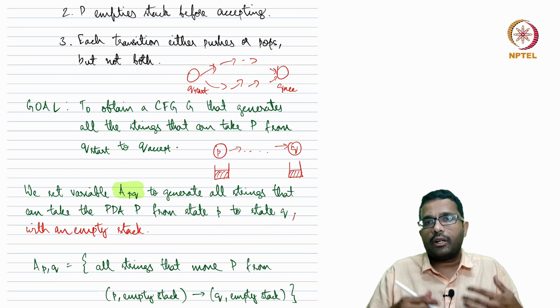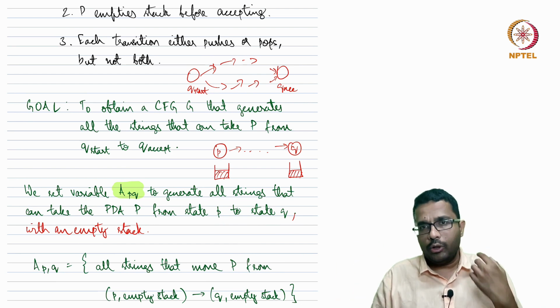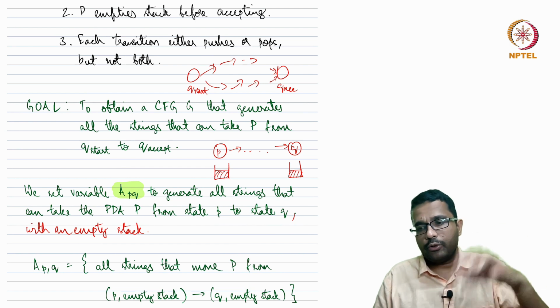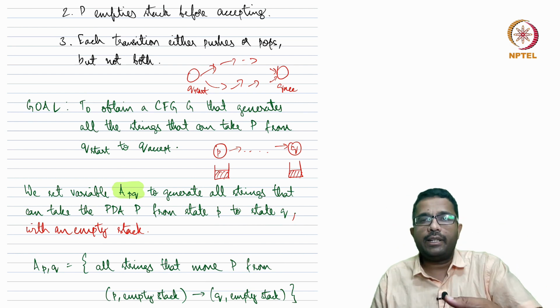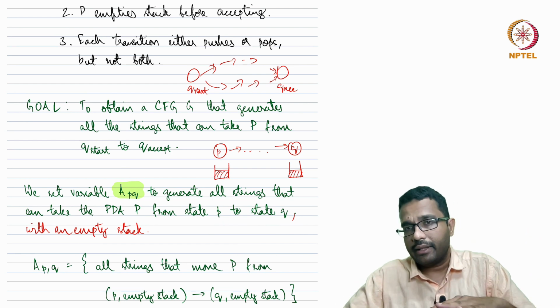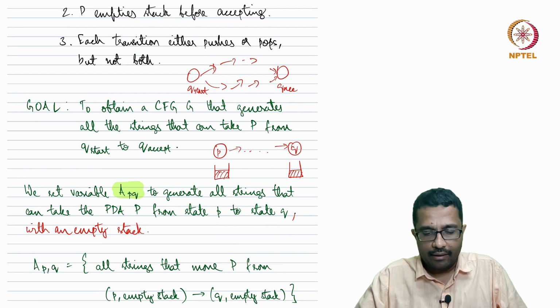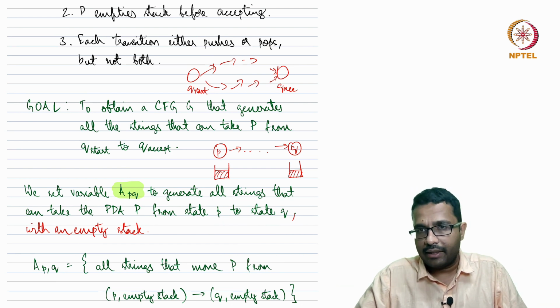How does empty stack to empty stack happen? It cannot pull out anything from the stack. Instead, it will push some things, and by the time it reaches q, it retrieves those things. So suppose the stack was not empty; it had some content. Let's say some string called K or something.